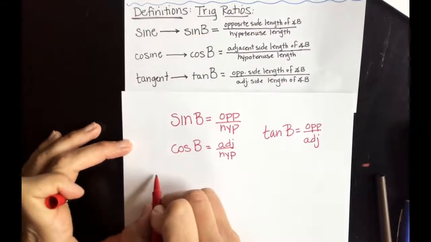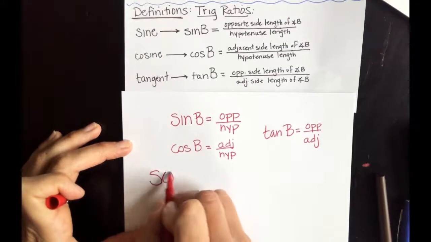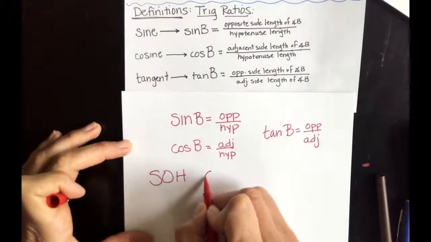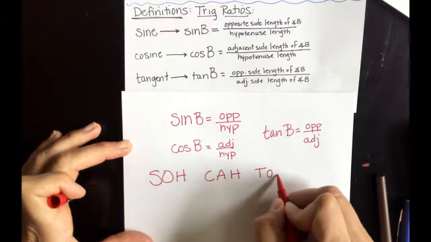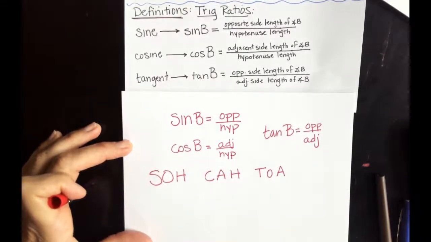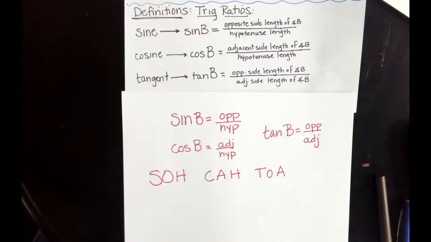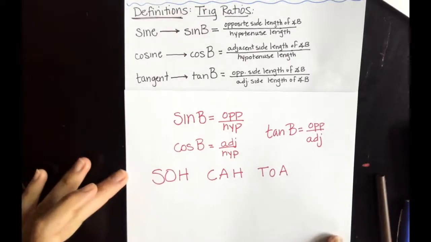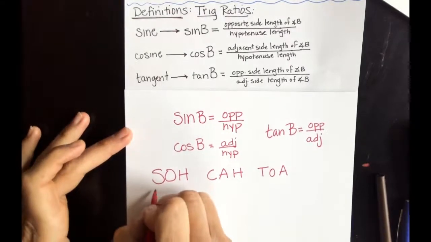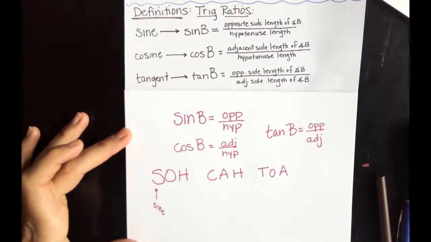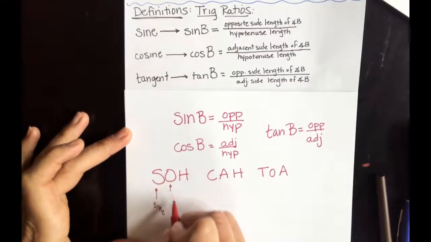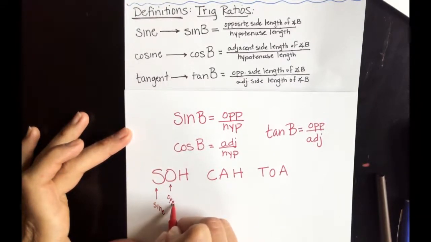And there is a mnemonic device, a way to remember things, and it's SOHCAHTOA. And you very well may have already heard this before, but the S stands for sine. The O stands for opposite.